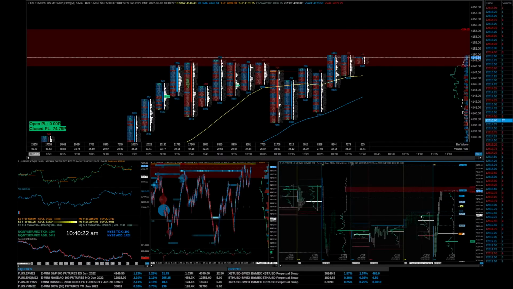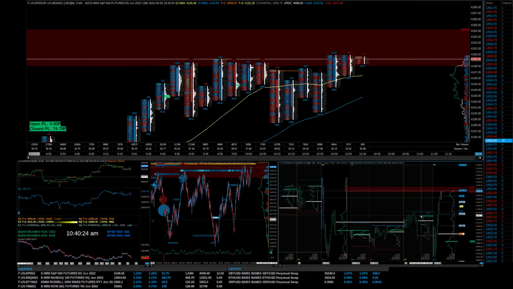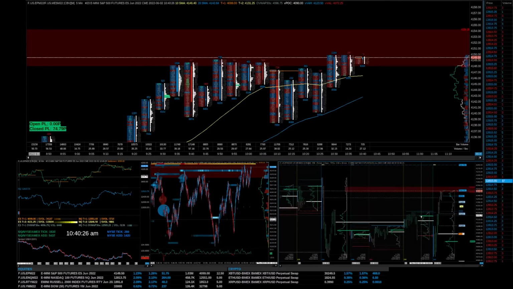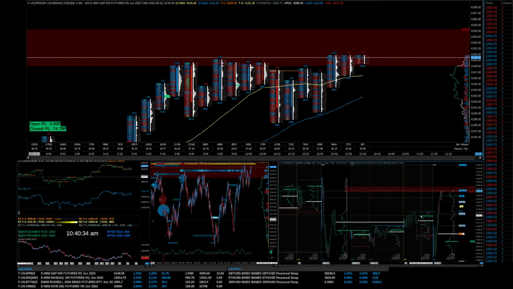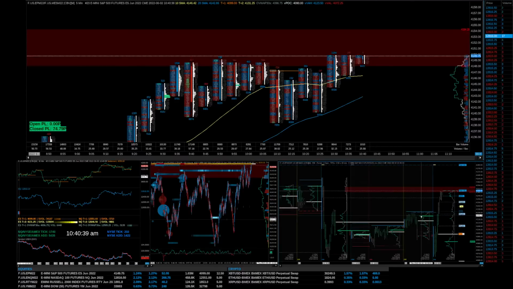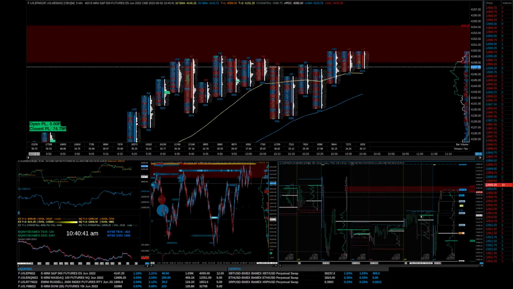Remember, 4120 in the ETH acted like an important area because there was an iceberg seller at, I want to say 4110, if my memory serves me right, and quite a few.